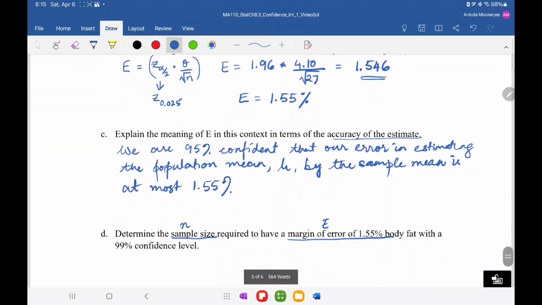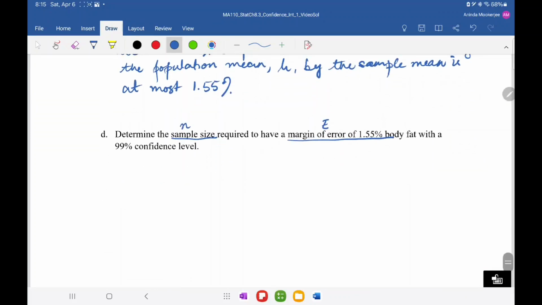So this is a part of the same question. So we will keep the same margin of error, 1.55%. However, we are given a different confidence interval. Previously, we used a 95% confidence interval. This time, we are being asked to use the 99% confidence interval.